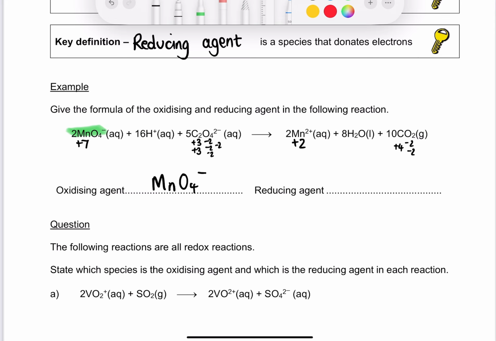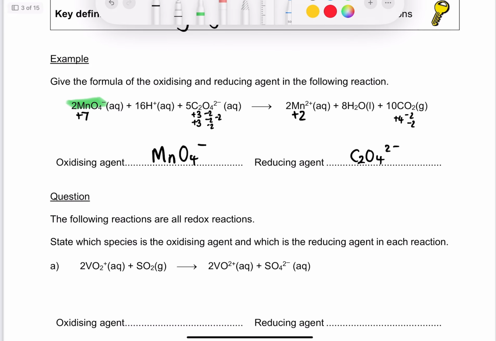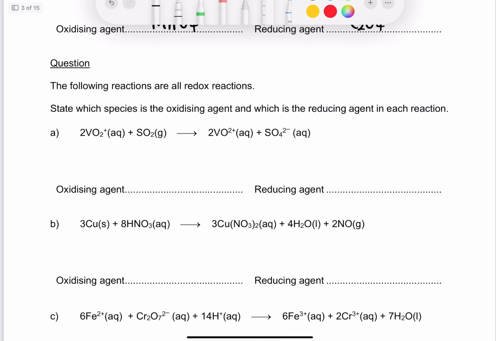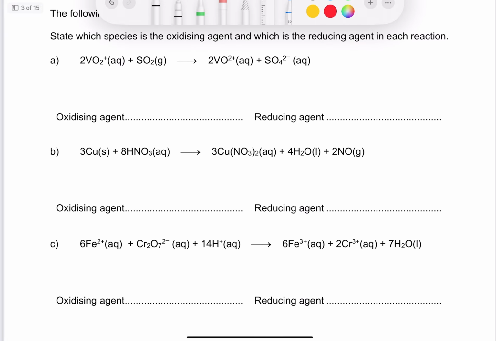And so the element carbon is being oxidized, but the ethane dioate ions, therefore, must be donating an electron. So each one is donating an electron to go up the ladder from 3 to 4. So the C2O4 2 minus ethane dioate ions are the reducing agent. So pause the video and have a go at these 3 questions, identifying the oxidizing and reducing agent, and then come back and see if you got them right.